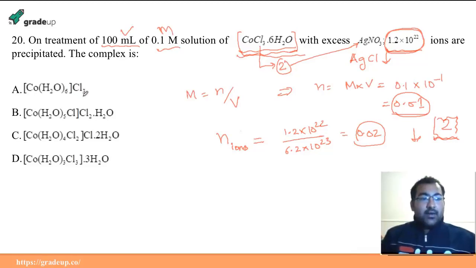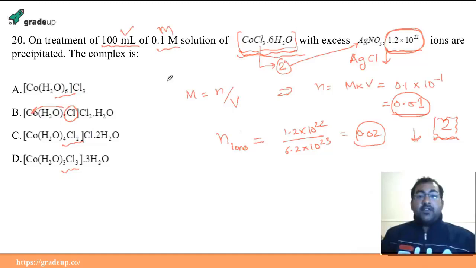Okay, so let's see out of these options. 1 chlorine is attached to cobalt in this option B. In every other option there is no chlorine, which is not true, or there are 2 chlorines, which is not true, or all 3 chlorines remain attached to Co, which is also not true, because if all 3 remained attached to Co, nothing would precipitate.